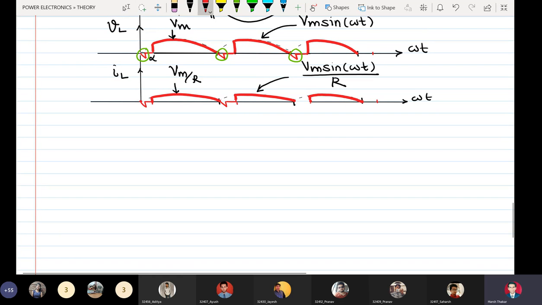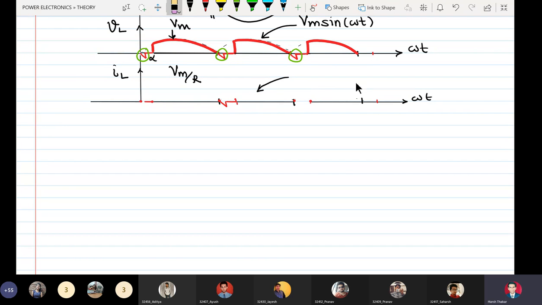The load current is no longer purely sinusoidal. It is going to observe the RL charging and discharging nature. So I feel that we have to completely erase this waveform, and we can no longer follow this sinusoidal nature at all. So I will have to erase this. The current is no longer sinusoidal.